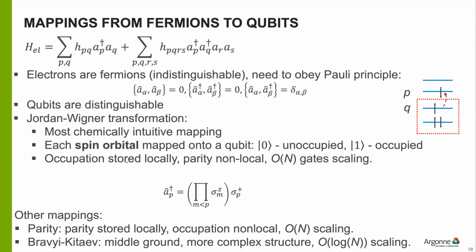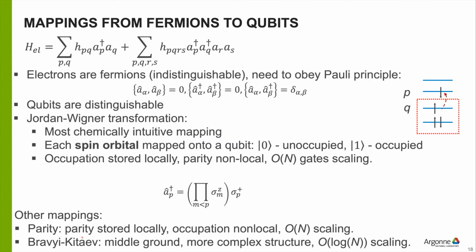The most chemically intuitive mapping, as I said, is the Jordan-Wigner mapping, where we have a qubit in state 0 as an unoccupied orbital and a qubit in state 1 as an occupied orbital. And here is the expression for how to transform the electronic Hamiltonian to the qubit Hamiltonian.